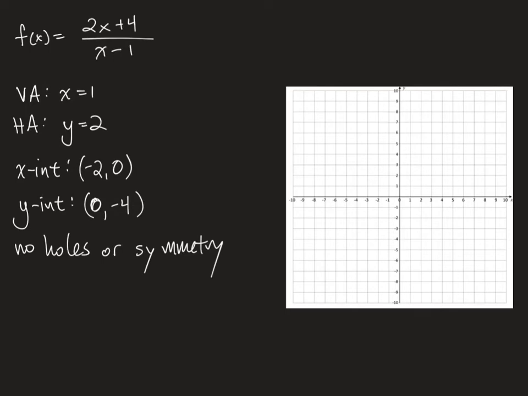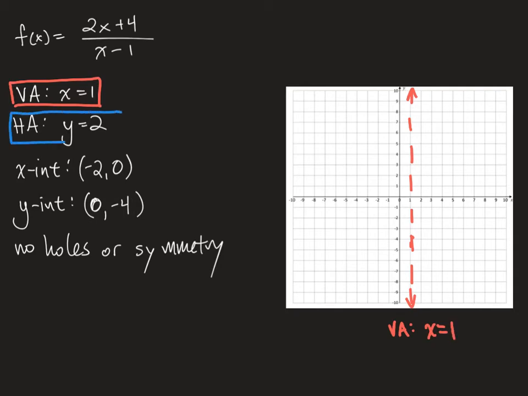So the first thing we're going to do is make the vertical asymptote. I'm going to put it here. And yes, you'll make it a vertical line and it will be dashed. Then you can label it VA x equals 1. Cool. I'm going to come along and make sure the horizontal asymptote is there. That's y equals 2.